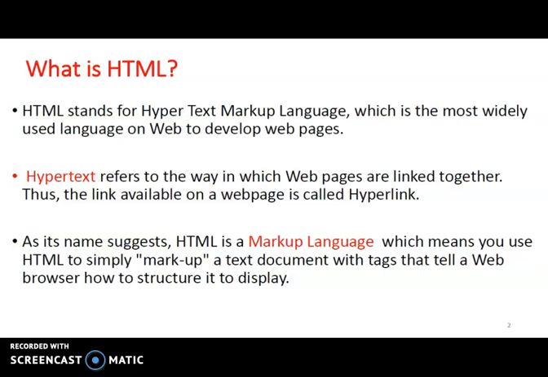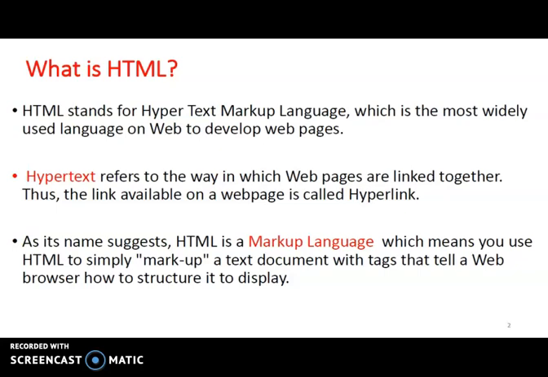But in HTML we use tags, which are opened and closed by angle brackets. That's why HTML is called a markup language. It sets the structure of the web page.